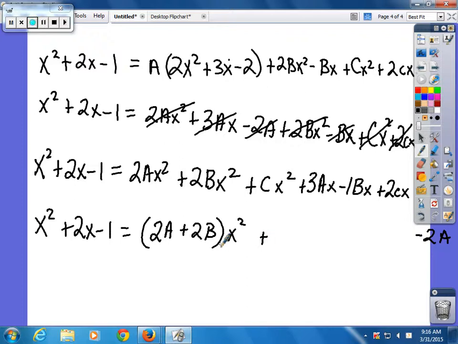I'm sorry, I missed one. There, how's that? Is that better? 2a. It's 2b. I factored out the x squared and put it on the right instead of putting it out front.